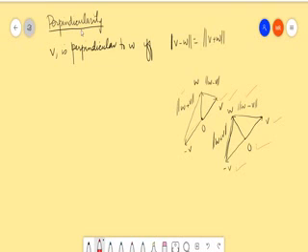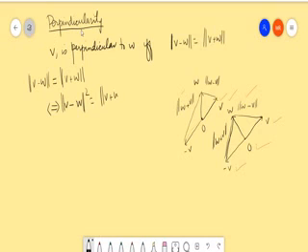And using algebra, we can verify this. If I pick the norm of V minus W, this is equal to the norm of V plus W if and only if the norm squared of V minus W is equal to the norm squared of V plus W. And this holds if and only if V minus W squared is equal to V plus W squared.